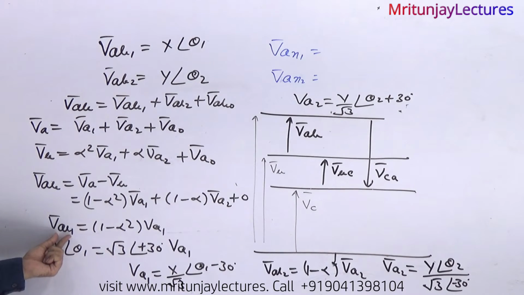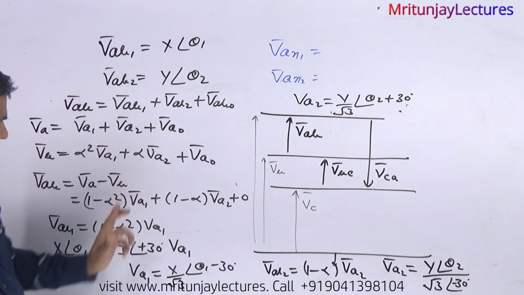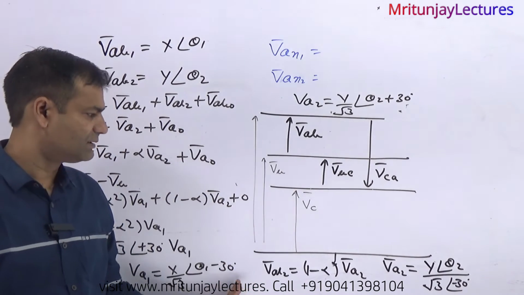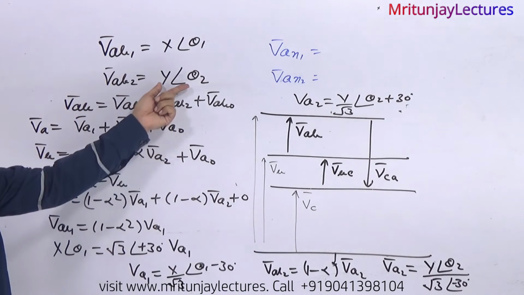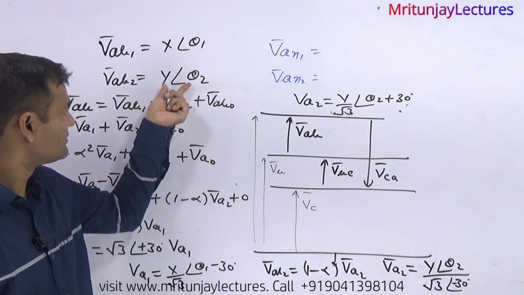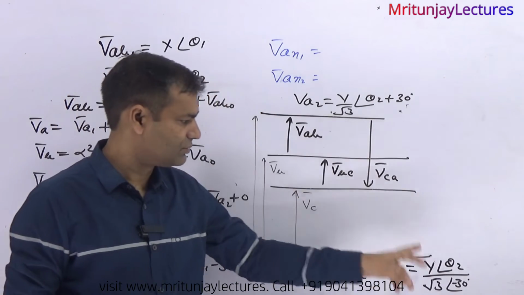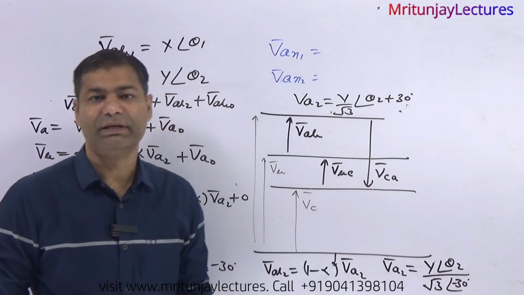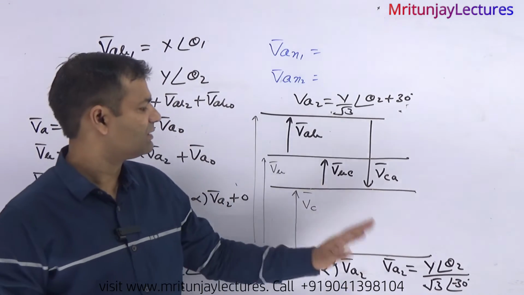So VAB1 is given x at the angle theta 1. So with the help of this one, we got like this, and this value are given. V of AB2 is y at the angle theta 2. So y at the angle theta 2 divided by root 3 at the angle minus 30 degree.